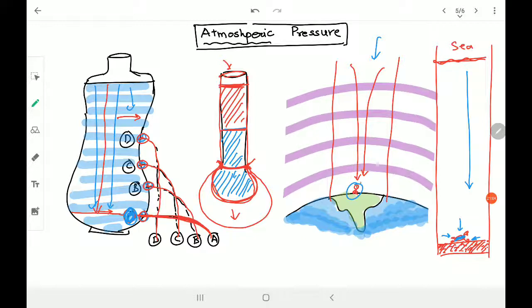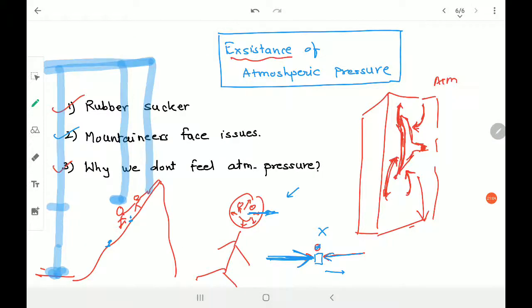So when I say how much pressure is applied on your body, it is nothing but the weight of the complete atmosphere around the earth. You can understand, it's such a heavy weight, and we don't feel that because our internal body also has the same pressure against it, right? So we have seen the existence of atmospheric pressure, and that's it.